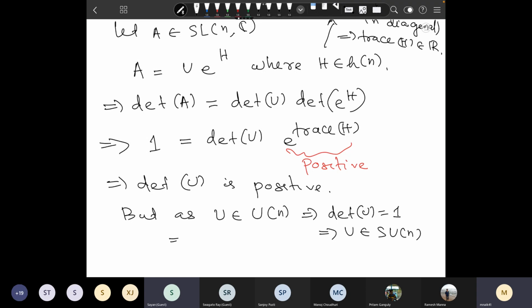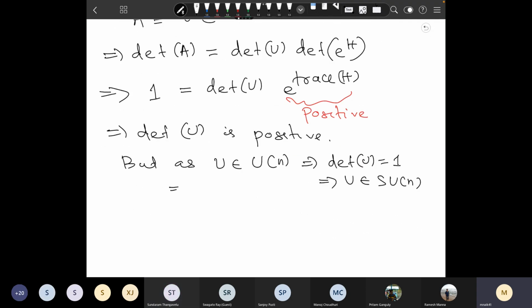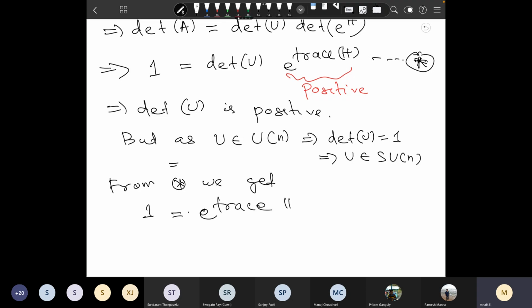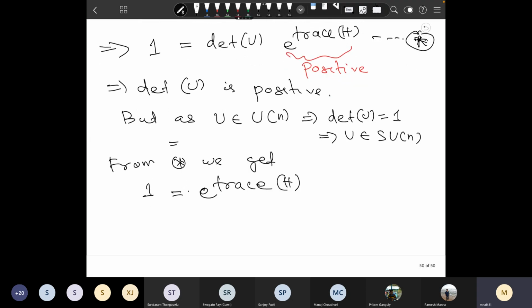So now, look at this. U belongs to SUN. So look at this equation star. From star, we get 1 is equal to the determinant of U, which is equal to 1 times e to the power trace of H. So that will imply that trace of H is equal to 0.